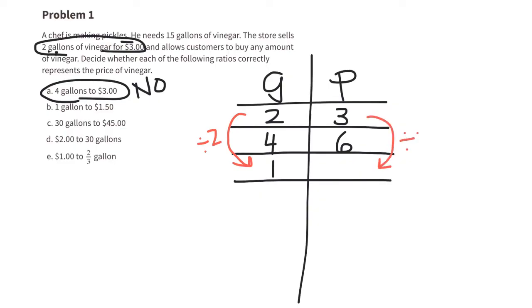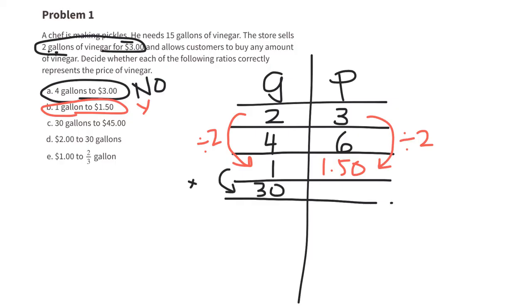So $3 divided by 2 is $1.50. So is that correct? Yes, this one is correct. How about 30 gallons for $45? Well, if we have 30 gallons right there, I need to multiply by 30, which means I'm going to multiply this by 30.